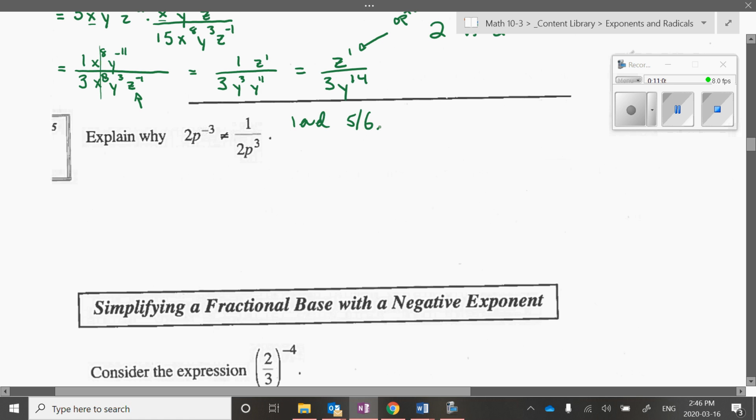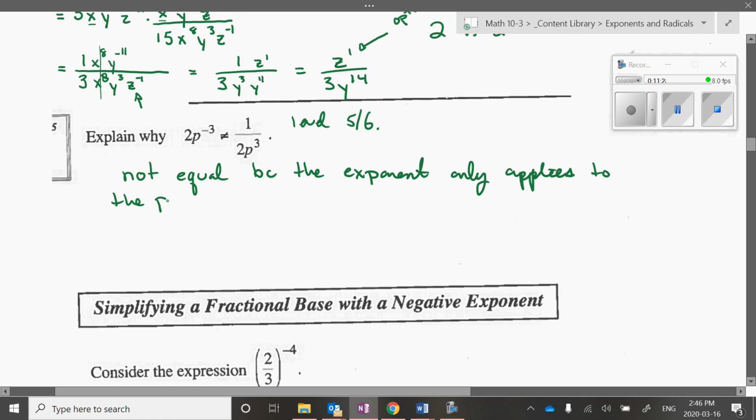So on this one, it's not equal because the exponent only applies to the p. So it should be like saying 2 to the power of 1 times p to the power of negative 3, which is then 2 over p cubed.